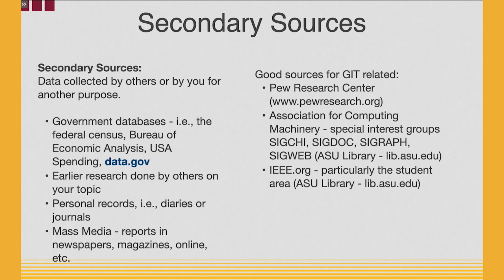Also, ACM, which is the Association for Computing Machinery, has some special interest groups which are very much related to GIT topics. And you can get those through the ASU library, as well as IEEE. I can't remember exactly, it's International something of Engineering, something. But it's also in the ASU library.